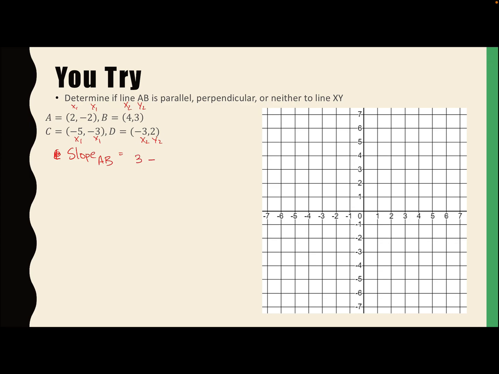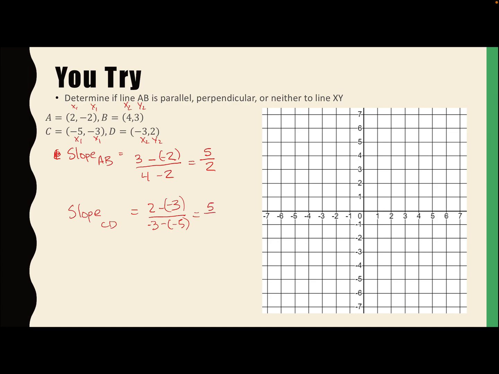So we would have 3 minus -2 over 4 minus 2. That's going to be a positive 5 over 2. And then the slope of CD is going to equal 2 minus -3 over -3 minus -5.